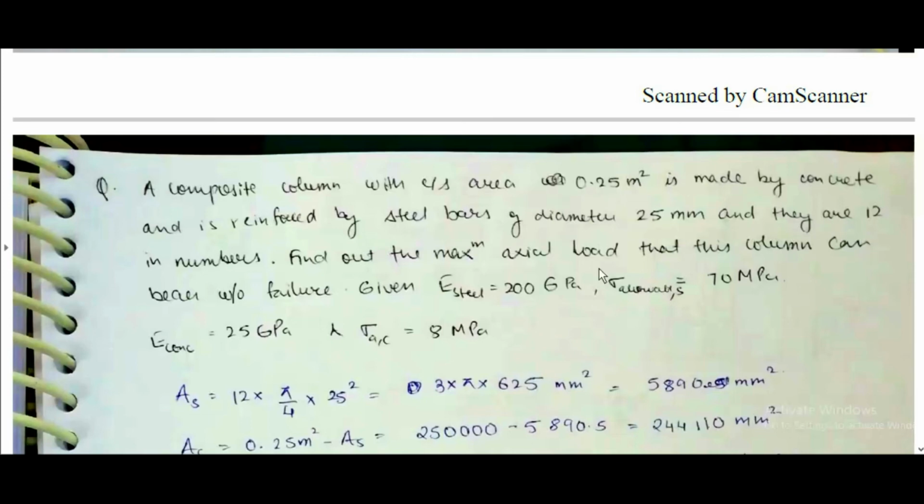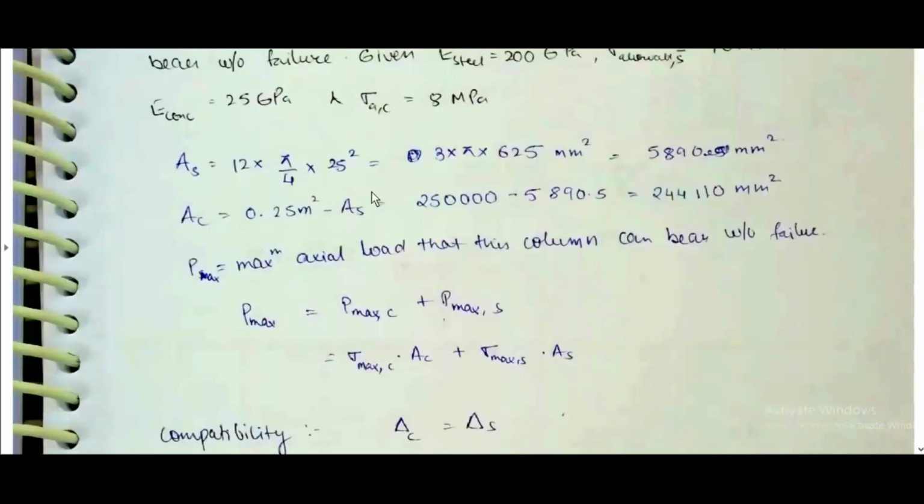Find the maximum axial load that this column can bear without failure, given E steel is equal to 200 gigapascal, sigma allowable for steel is equal to 70 megapascal, E concrete is equal to 25 gigapascal, sigma allowable for concrete is equal to 8 MPa. AS is equal to 12 into pi by 4 into 25 square, which is 5890 mm square.